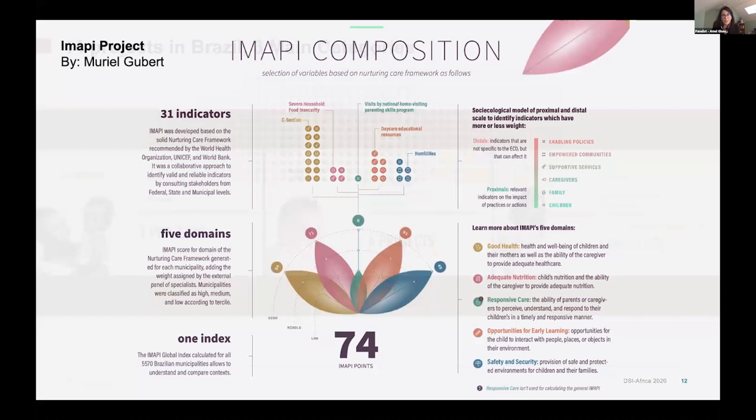So I'll start with this project called IMAPI by Professor Muriel Gubert. Basically, IMAPI is a data visualization tool that is an index to score municipalities in Brazil for child environmental opportunities and development in areas such as health, nutrition, nurture care, safety, and education.